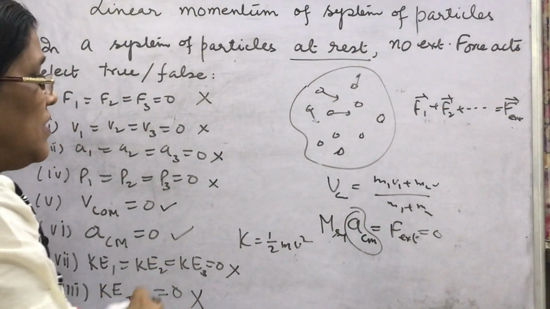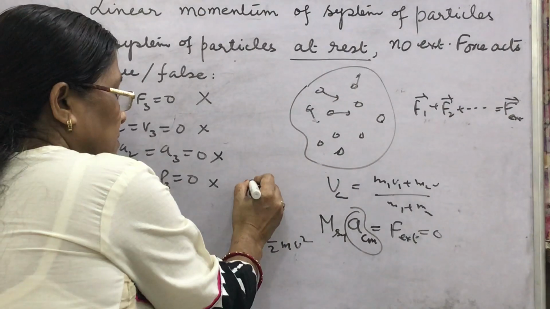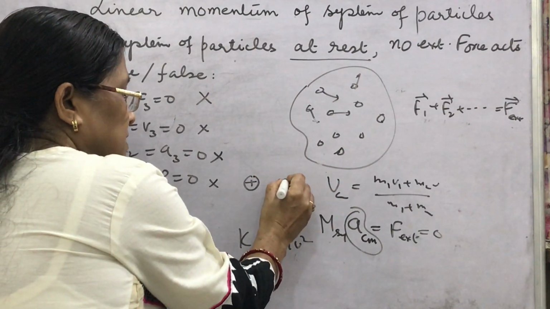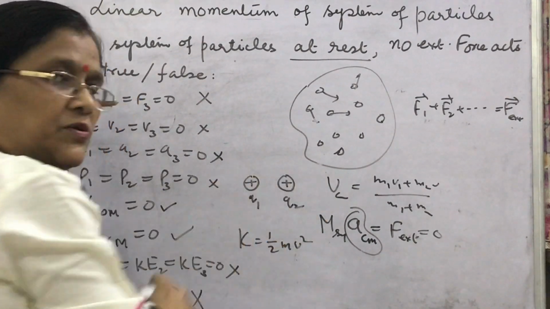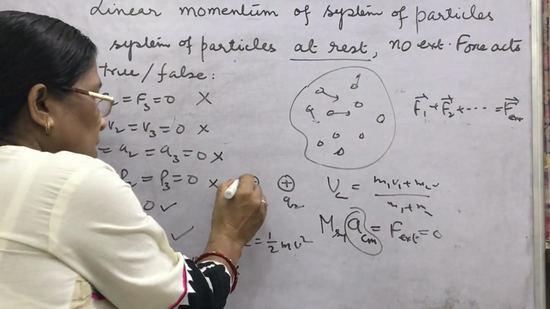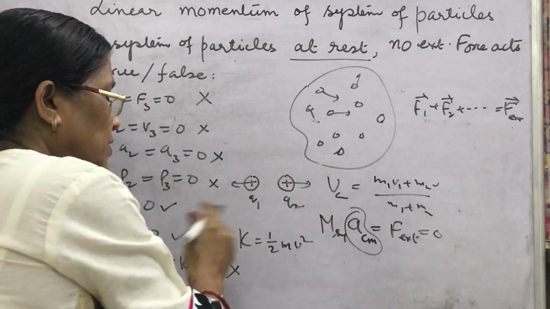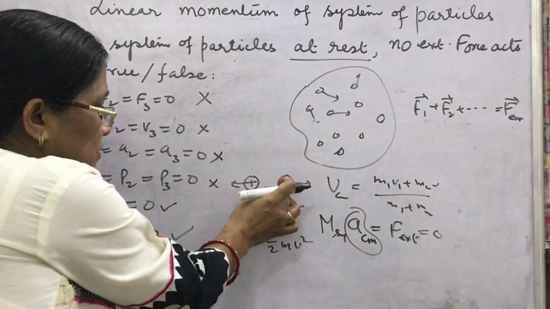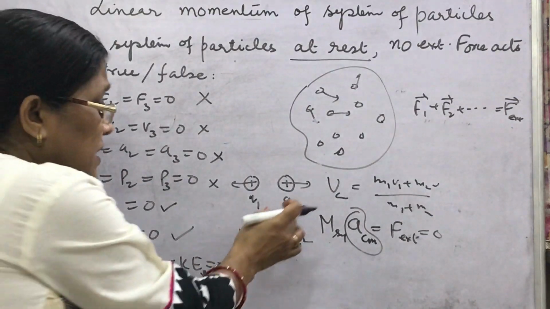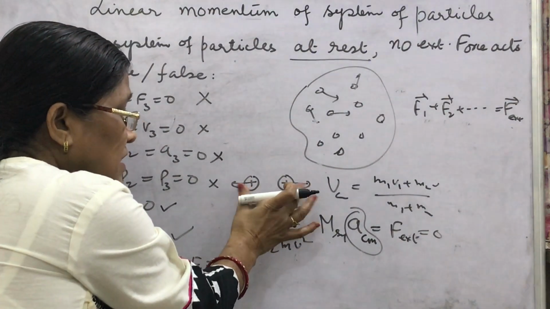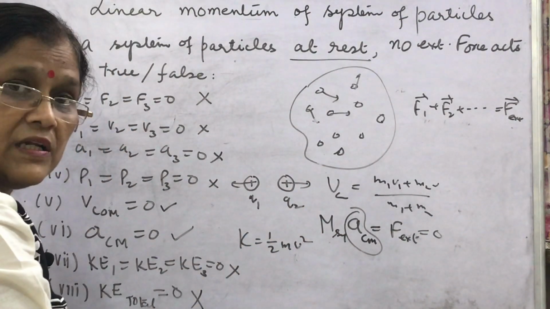Look, if there is a positive charge placed near another positive charge, this is Q1, this is Q2, they will repel each other. No external force is acting. This force of repulsion is only the electrical force of repulsion. Then their velocity in moving away increases.